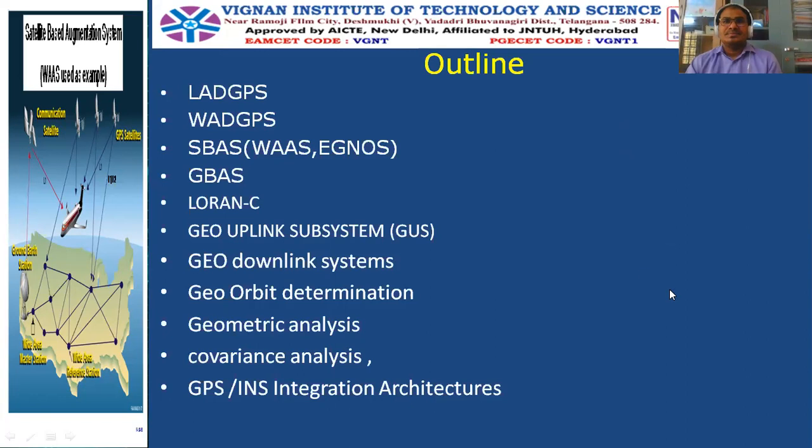So here, the purpose of taking a known location is that we apply all our navigation principles and give the output position of a reference station. The reference station's location is already known to us.